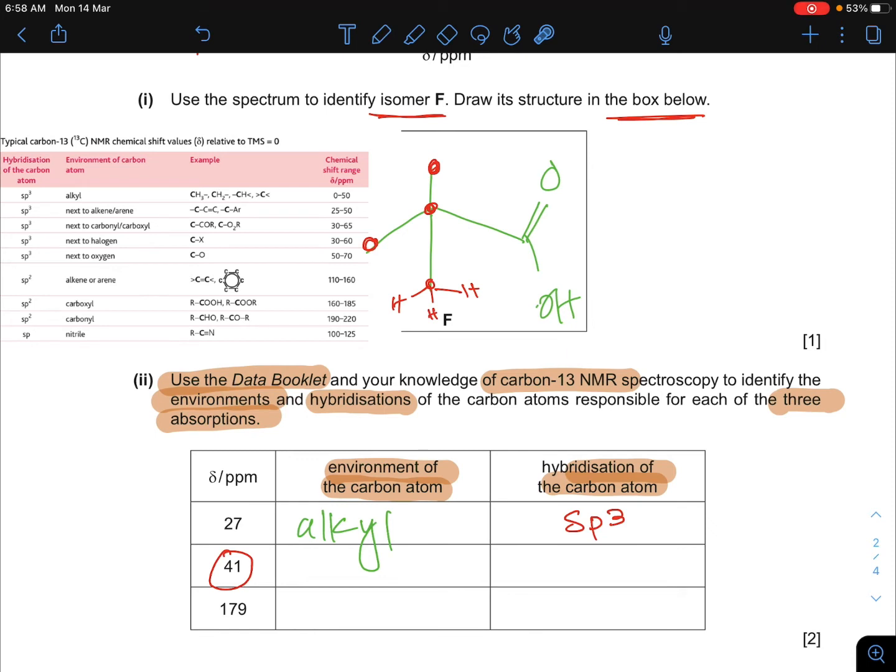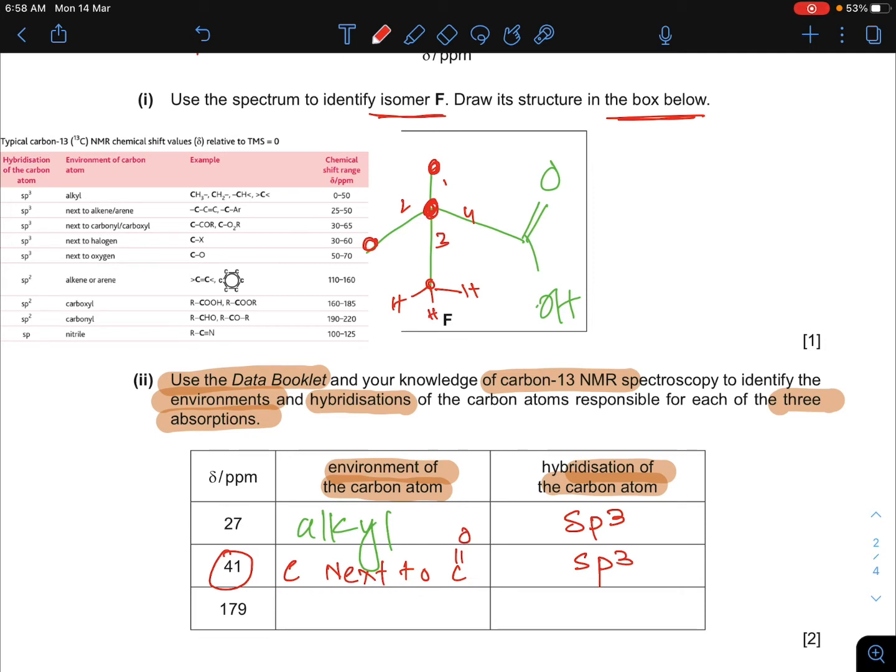So it comes in between 30 and 65. So that means this peak is due to the carbon next to the carbonyl group. And the hybridization of this carbon atom would also be, 1, 2, 3, 4 sigma bonds, so this would also be sp3 hybridization.